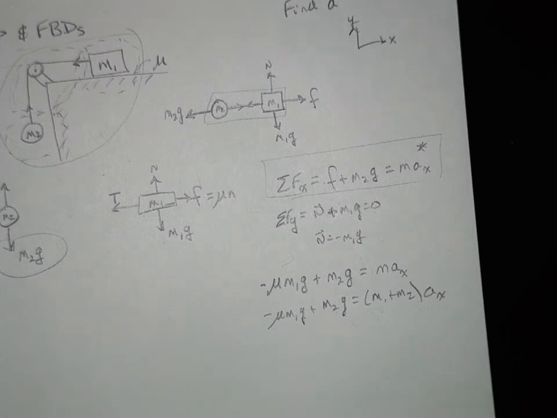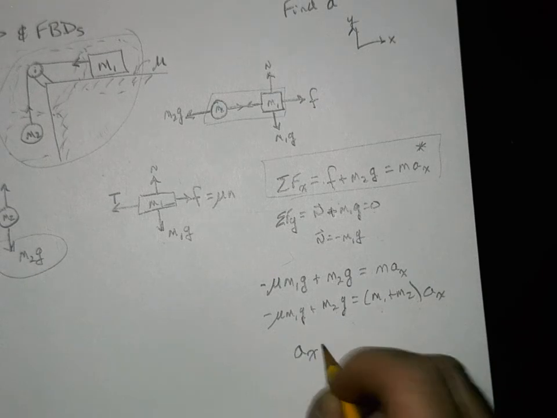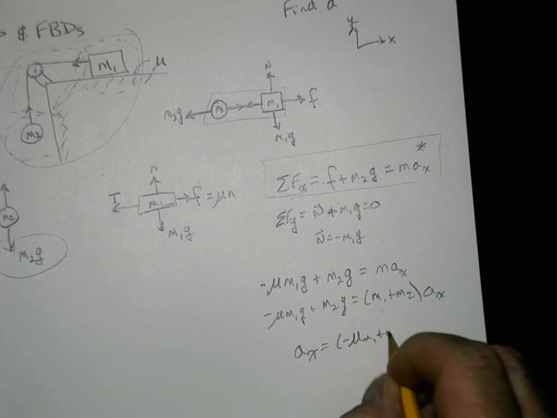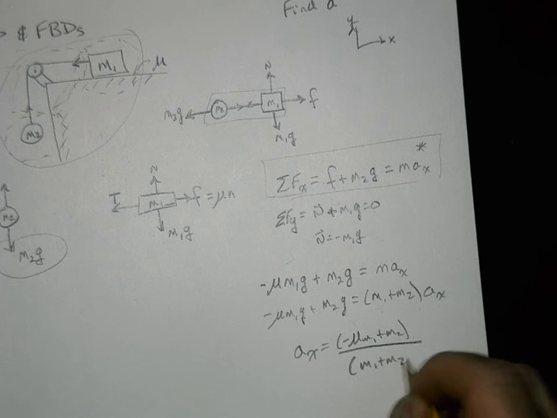That's going to cancel out to a unit of 1. Get it? One. Okay. But we're going to be left with g, which is going to provide our acceleration units, right? So our acceleration winds up being negative mu times m1 plus m2 over m1 plus m2, times g.